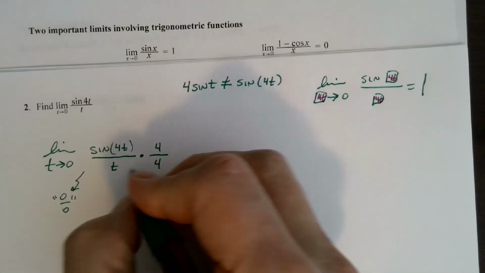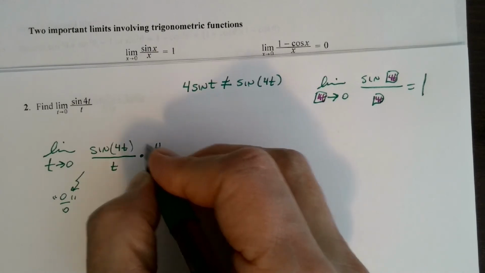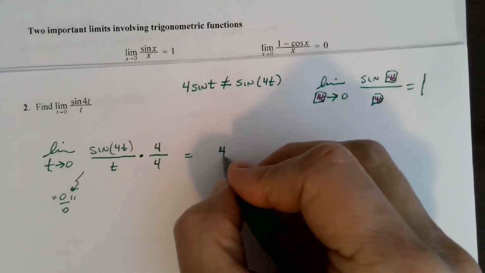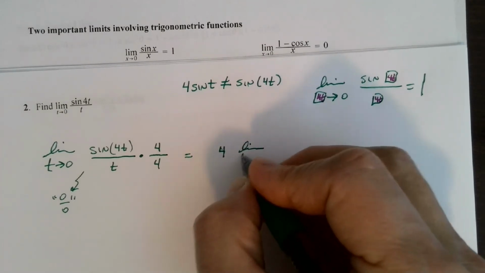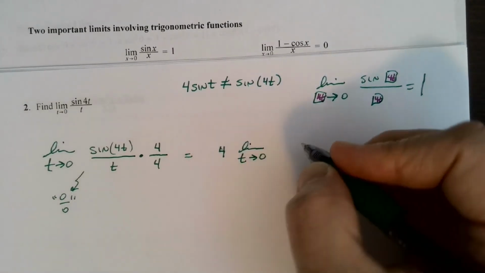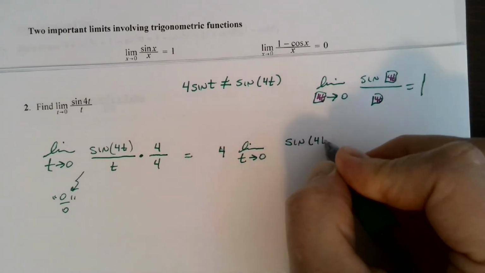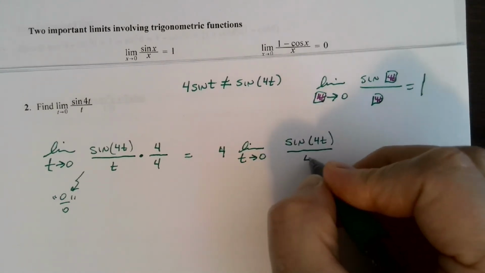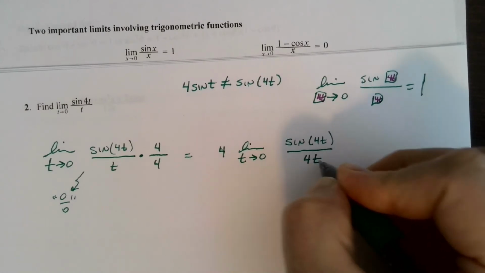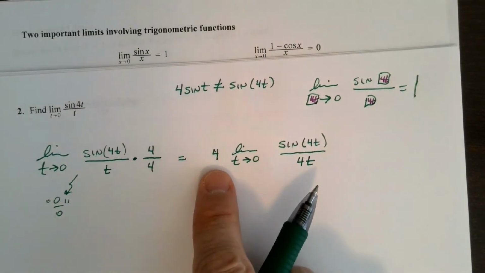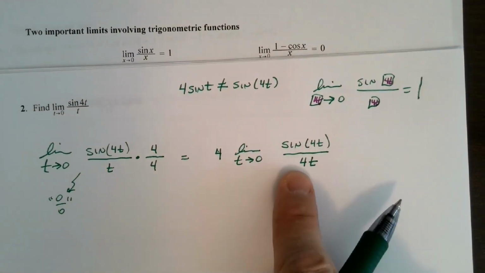This 4 is going to go down here. The other 4 I'm just going to pull out in front because it's a constant multiple, provided this limit exists. So 4 over 4 is still there. Now, provided this limit exists, I'm good.